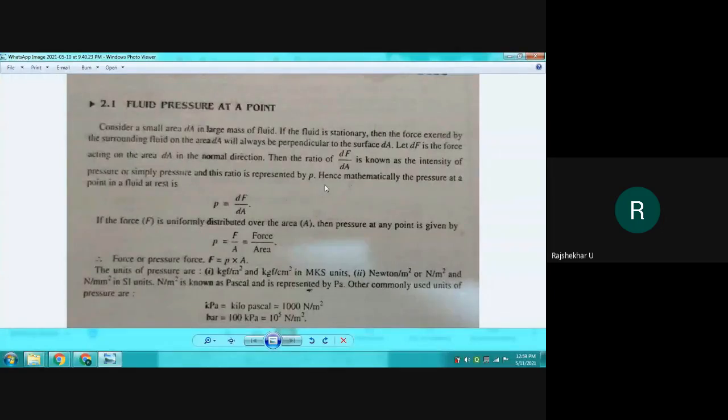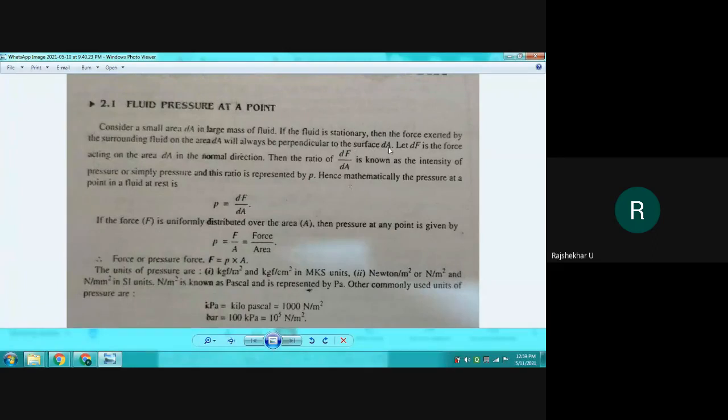Consider a small area dA in a large mass of fluid. See here, there is a large mass of fluid. Imagine that you are thinking about overhead tank water. If the fluid is stationary, meaning at rest, then the force exerted by the surrounding fluid on area dA will always be perpendicular to the surface dA.